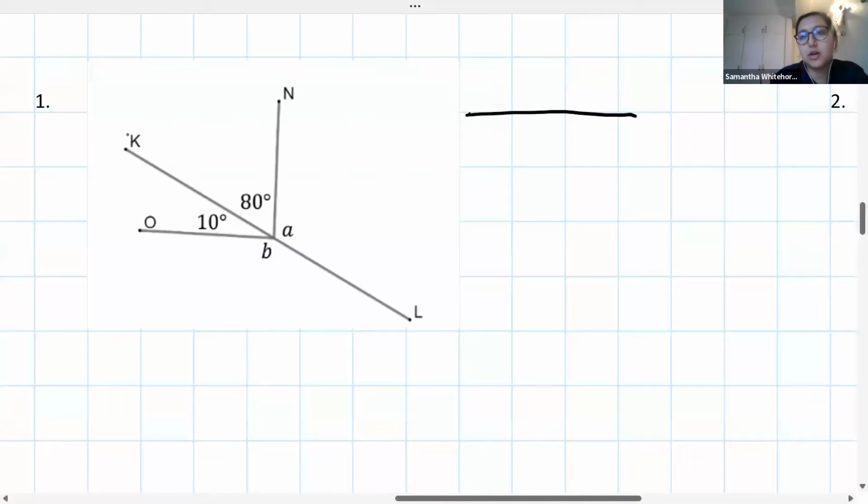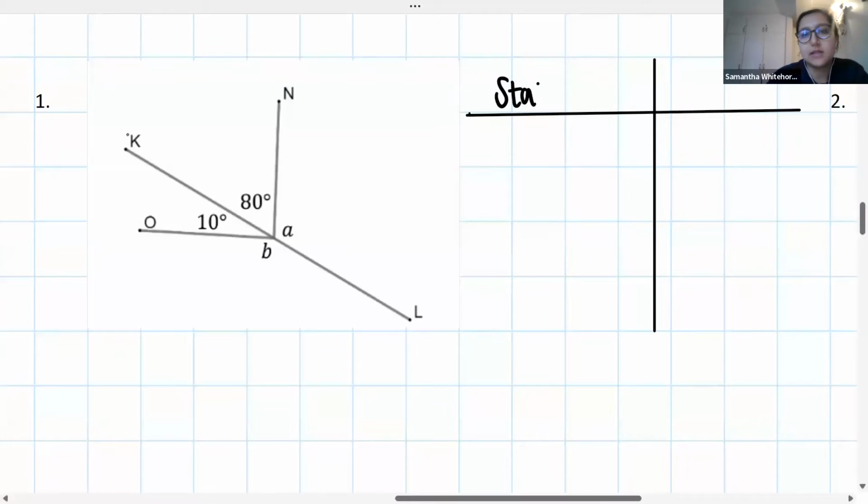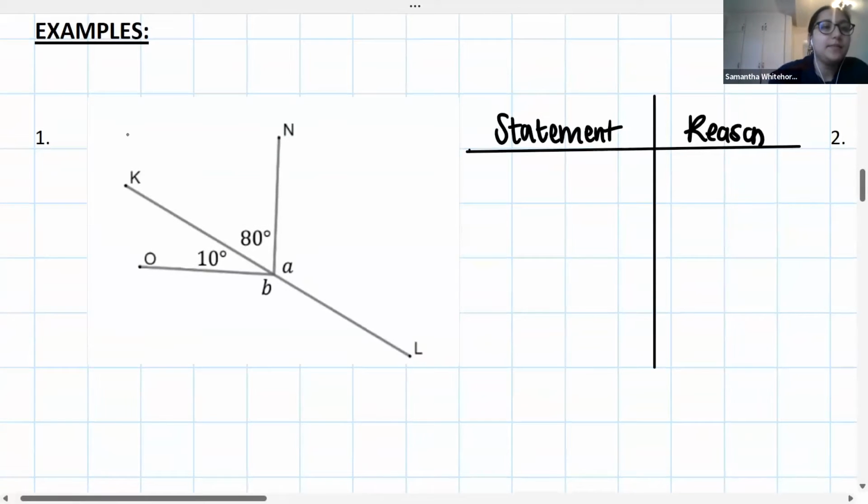So give this one a try. On the chat, I want to see answers with reasons. Please take note of the fact that you are looking for angle A and angle B. There's two angle sizes I want you to find. Remember to give your statement and your reason. And just in case we're not clear, your instruction here is to determine the value of the lowercase letters.